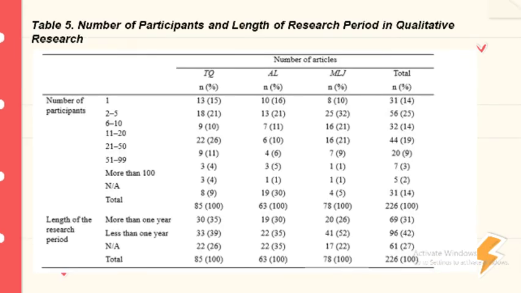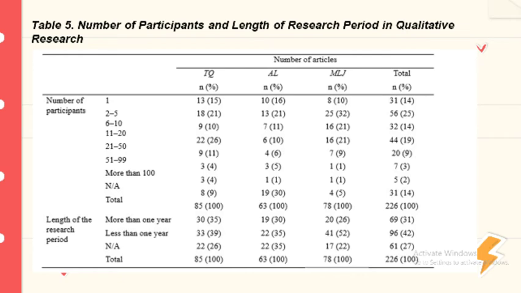And for table 5, number of participants and length of research periods in qualitative research. Regarding the number of participants, almost half of all the qualitative research articles involve less than 10 participants: 14% with 2 until 5 participants, and 25% with 6 until 10 participants.